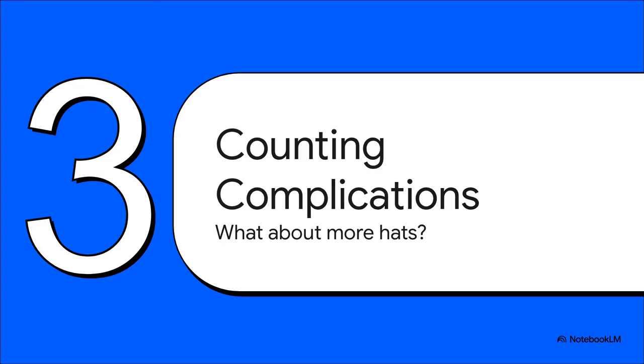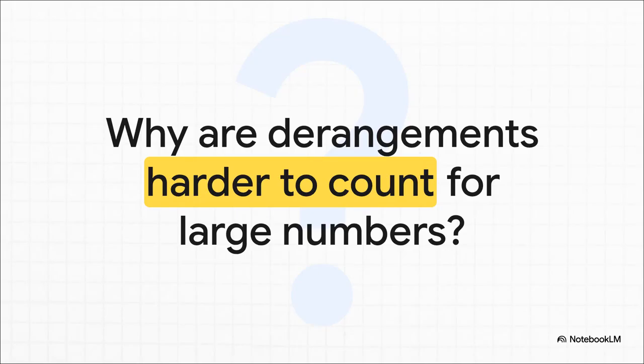Now, here's where this gets really interesting. What happens when we scale it up? Listing the outcomes for 3 guests was easy, but what if there were 10 guests, or 100? This is where these 2 problems really start to go in different directions. So this brings us to a really central question. For large numbers, why is counting every single permutation so simple, while counting just the derangements becomes so incredibly complex?